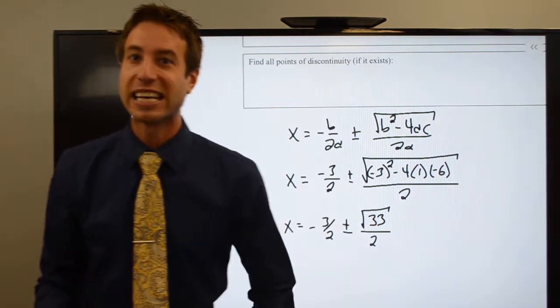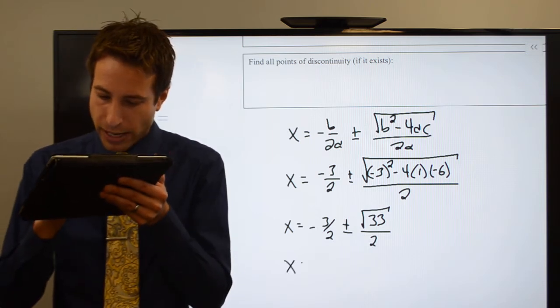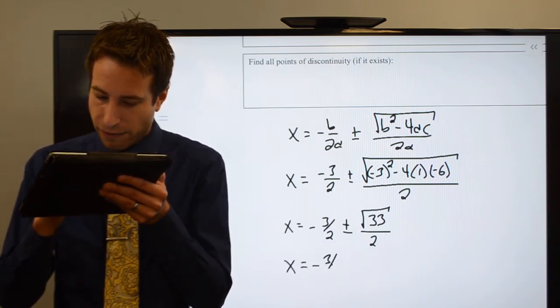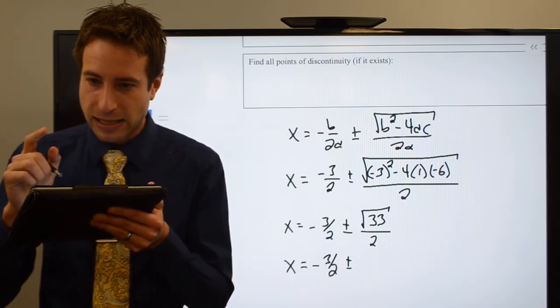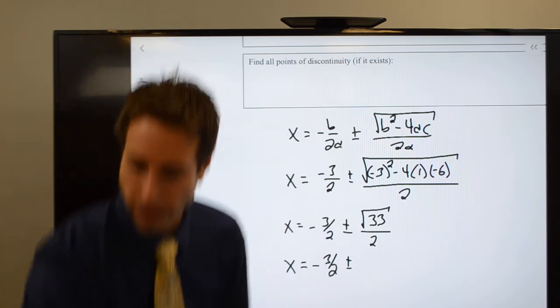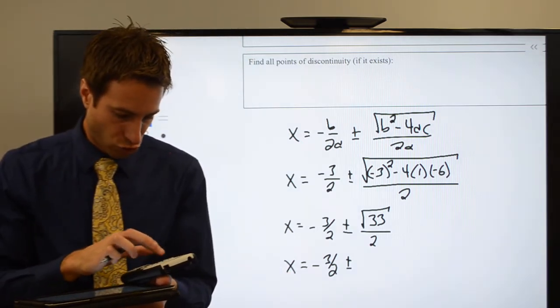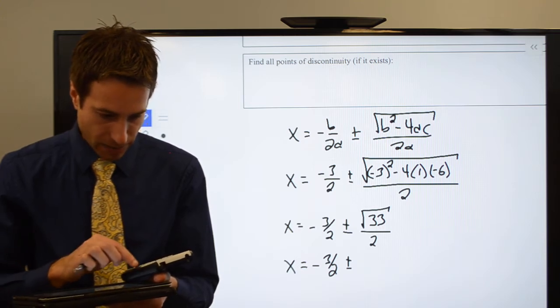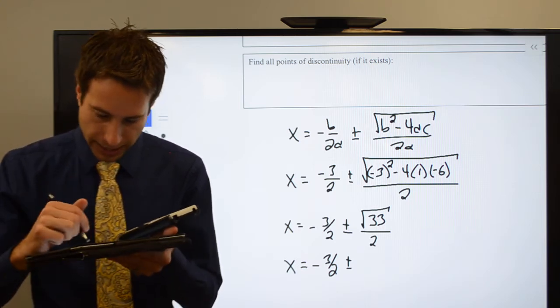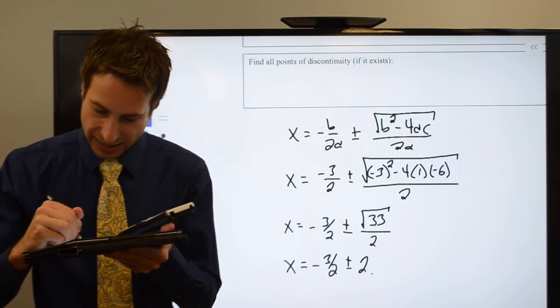Use your calculator. Take the square root of 33, divide it by 2, and we wind up with x is equal to -3/2 plus or minus that number. Let me grab a calculator real quick. Square root of 33, divide that by 2. Obviously you'll have to round, I get 2.87.